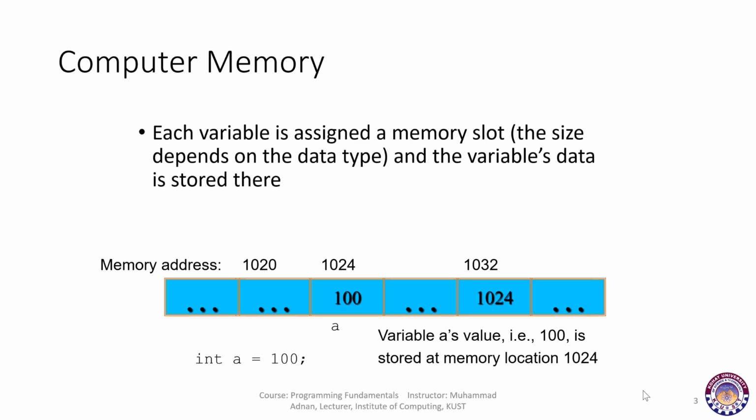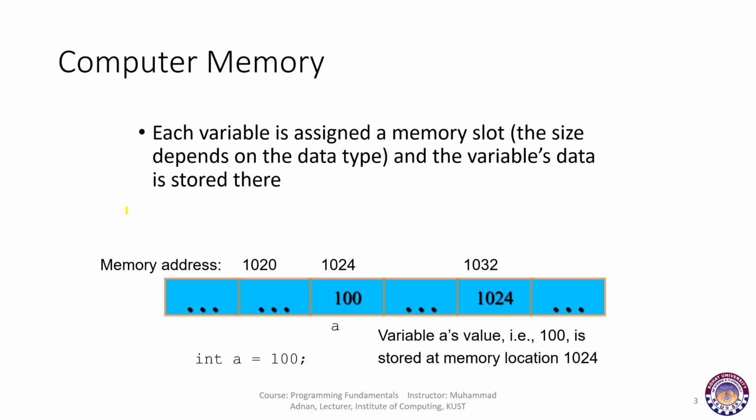Computer memory has a very vital role when the computer program is running, because the variables etc. all are stored inside the computer memory, and each variable is assigned a memory slot or a memory area, and the size depends upon the data type of the variable and also the architecture of the computer system, and the variable data is stored there.